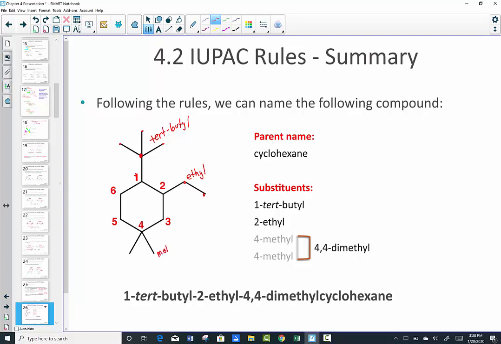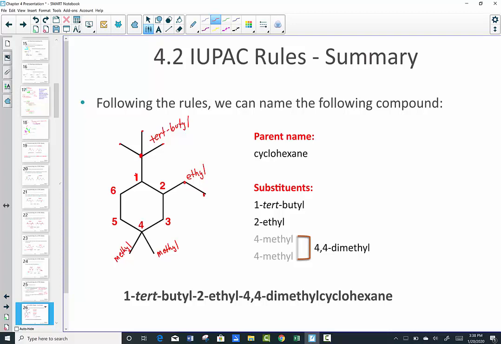At carbon 4, there is a methyl and another methyl right on the same carbon. So I'm locating and finding names for all of the substituent branches. The parent name, cyclohexane. Carbon 1 is tert-butyl. Carbon 2 is an ethyl. Carbon 4 has 2 methyl groups, so you see that 4,4-dimethyl.